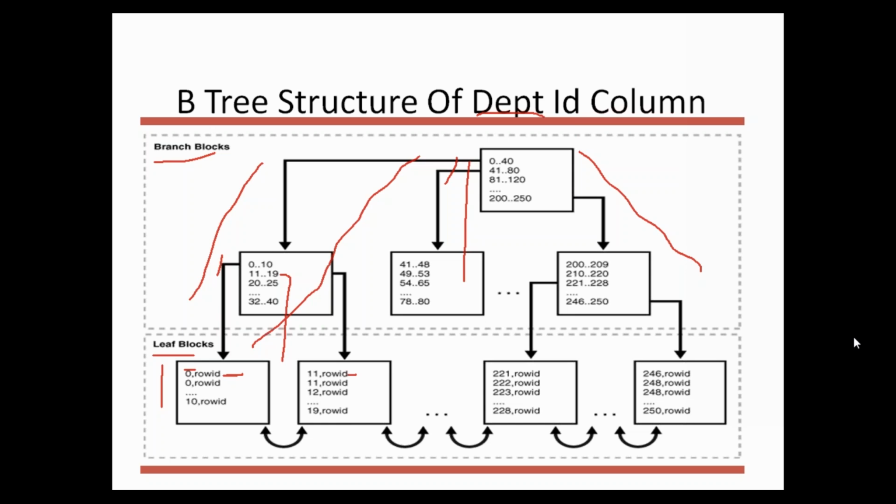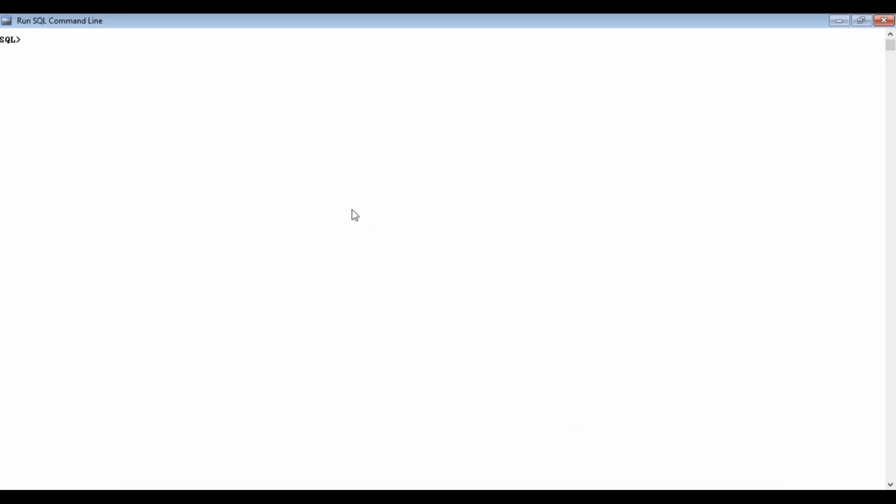Let's look at an example by creating the index, and then let's see the data retrieval using indexes. To look at the query plan, we will have to set autotrace on. So let us set it on, and then see how data is retrieved.